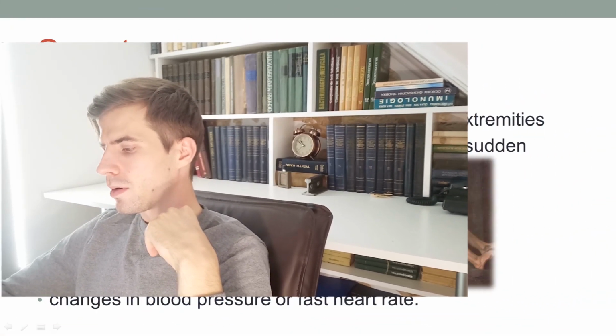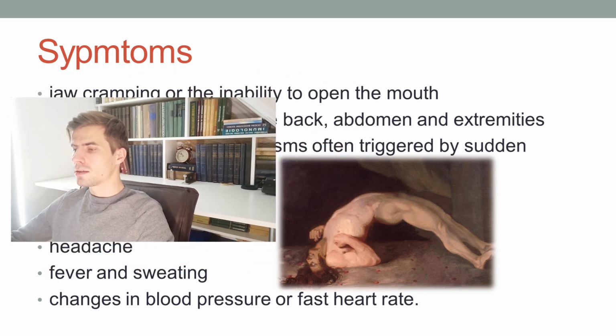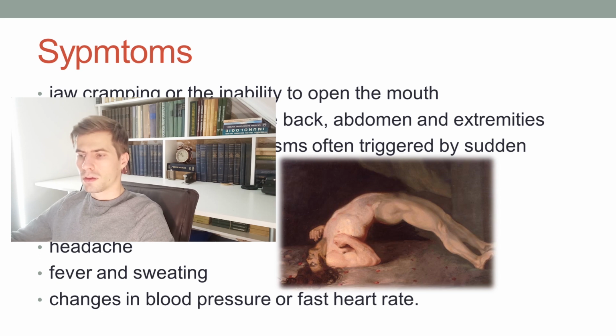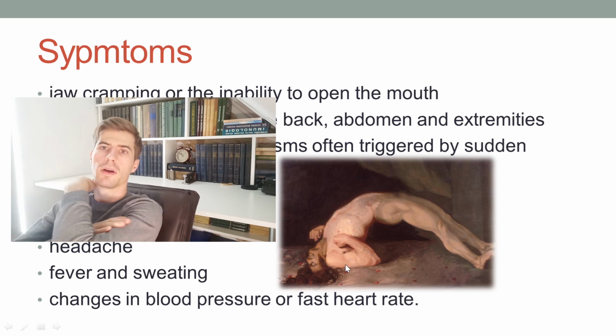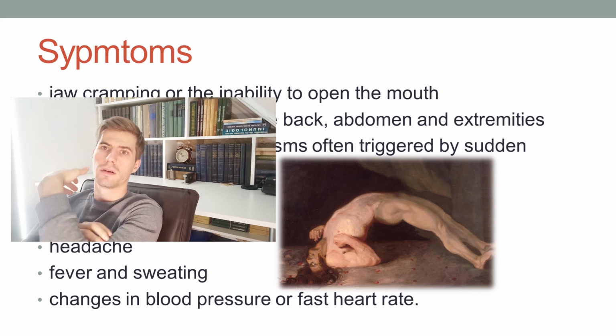And here in the picture you can see the classical position of a person who has a severe or late form of tetanus. You can observe that some muscles are contracted stronger than others. For example, you know that we have flexors and extensors, so usually flexors are stronger.